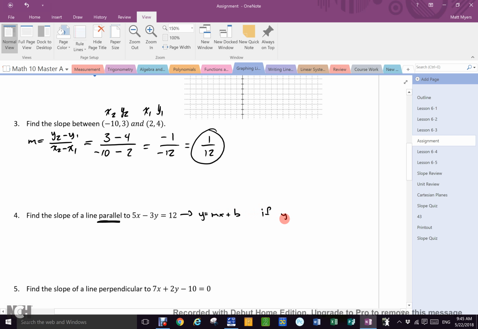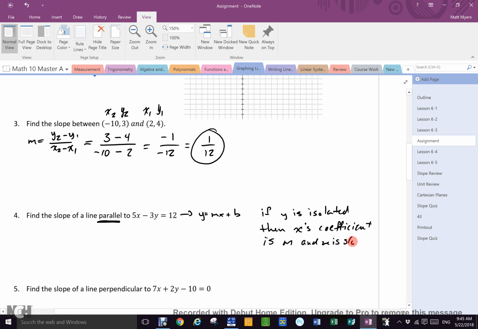Because if y is isolated, then x's coefficient is what? X's coefficient is m. And m is what?